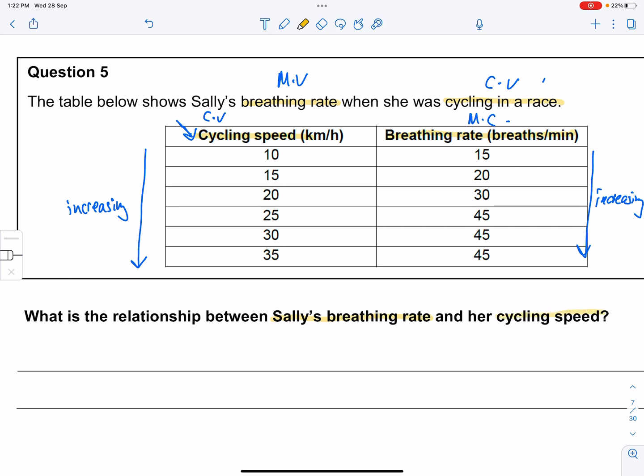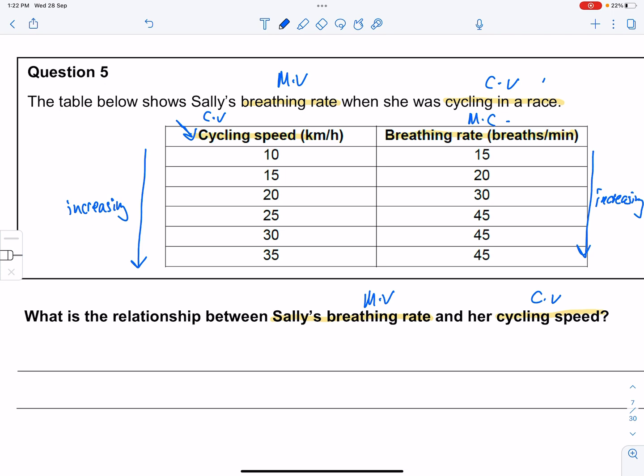So this is where many students will go, as her breathing rate increases, her cycling speed also increases. This is wrong. It means that as long as she breathes faster, she's cycling faster. That's not true. That means even though she's sitting down, as long as she breathes faster, she's cycling? No, right? So identify, this is actually measured and this is actually changed.